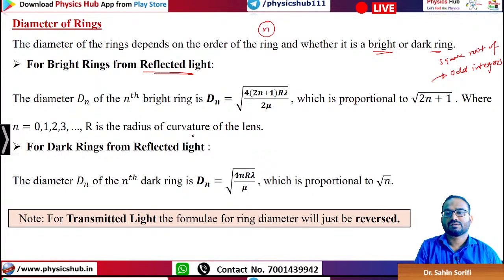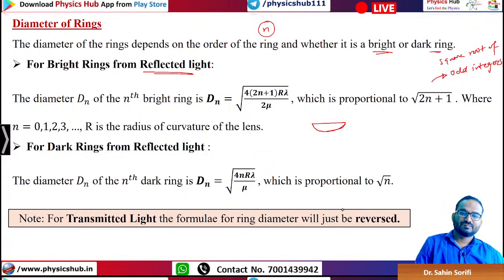R is the radius of curvature of the lens. Okay, the plano-convex lens we have used. So R is the radius of curvature. For dark rings from reflected light, the formula is root over 4 r lambda by mu. You see, 4 r lambda by 2 mu was there, here it is 4 r lambda by mu. Here no 2 is there, and here n is any integer.